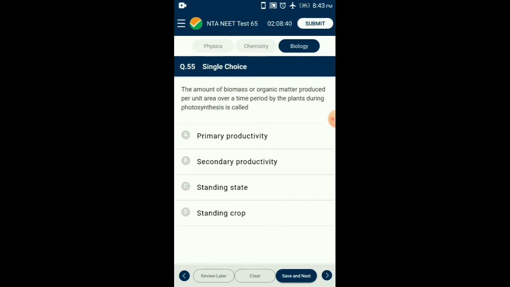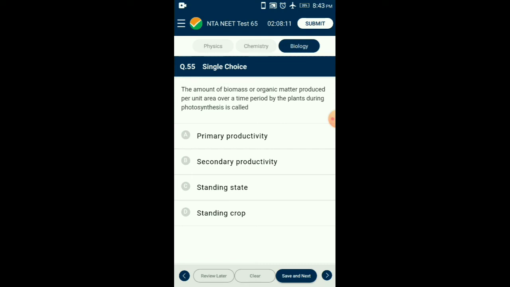Question number 55. The amount of biomass or organic matter produced per unit area over a time period by the plants during photosynthesis is called? Each trophic level has a certain mass of living material at a particular time called the standing crop. The standing crop is measured as the mass of living organisms or the number per unit area.